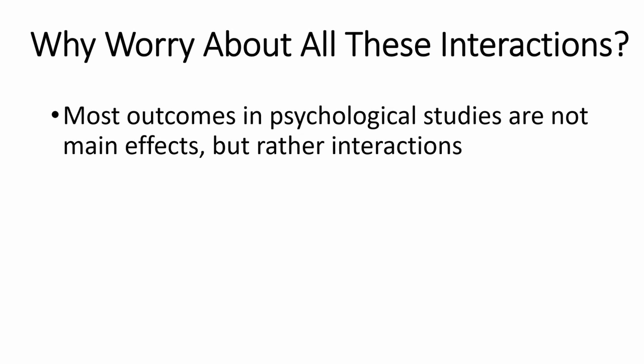Specifically, when they're all working together, we often encounter these interactions. There's always some kind of influence going on. So we care a lot about these interactions because they become very relevant for a lot of psychological research.